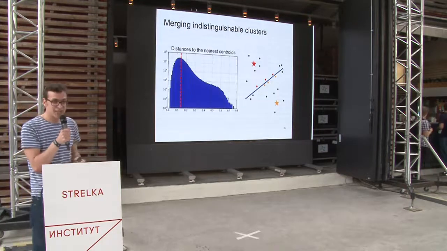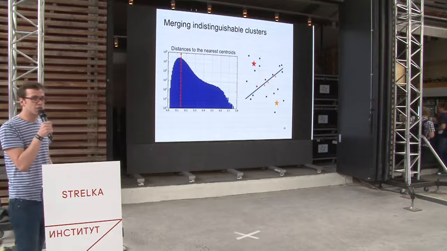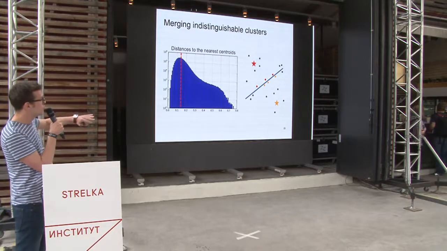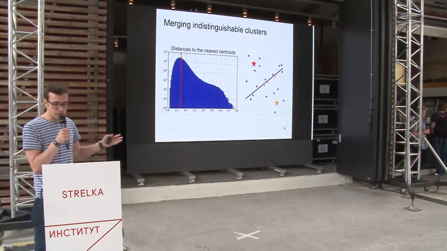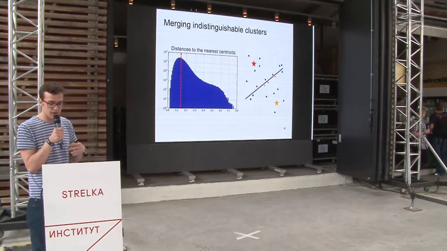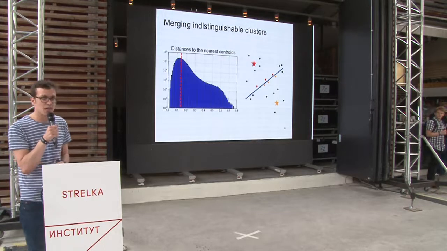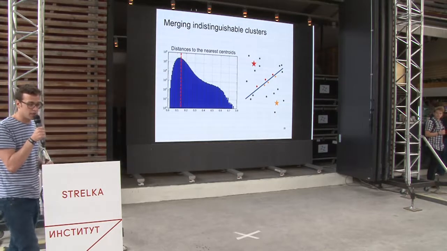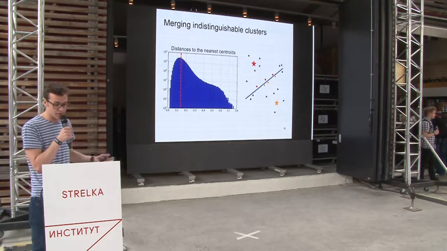For example, on the image on the right, there are some points that belong to one of these two clusters, but the difference between the distances to the next nearest centroid does not exceed a very little amount, for example, 100.